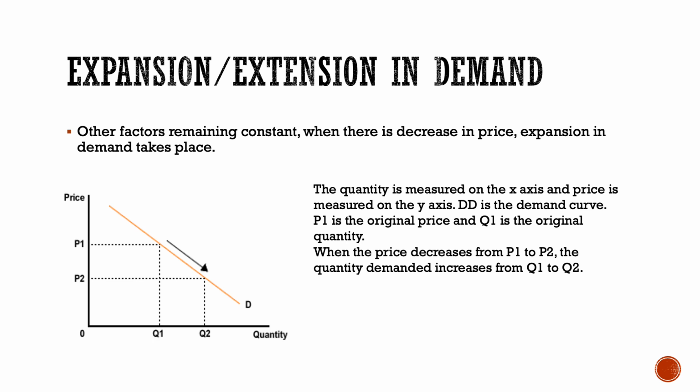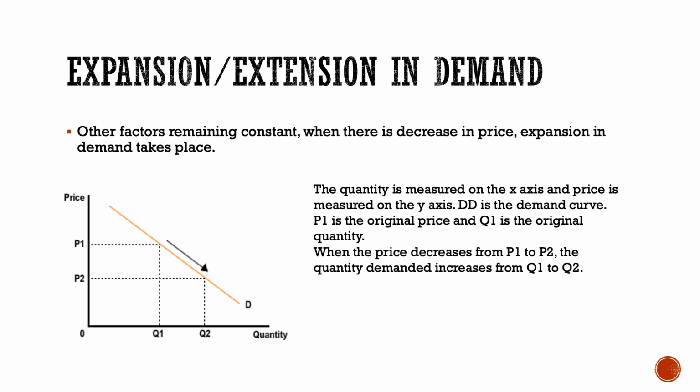Other factors remaining constant, when there is a decrease in price, expansion in demand takes place. Meaning the factors which affect the demand should remain constant, should remain same. And only when there is a decrease in price, expansion in demand takes place, meaning the quantity demanded will increase.